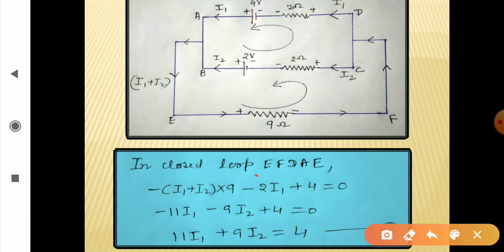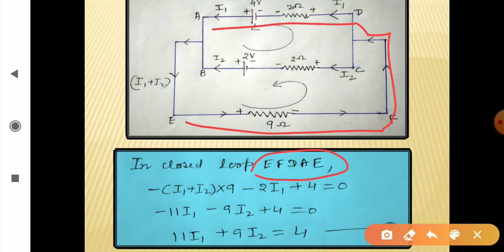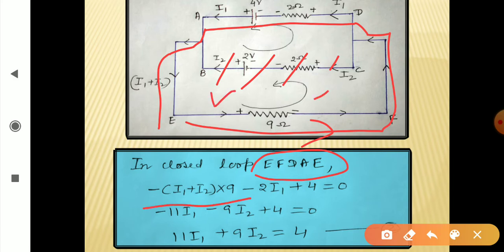Now in closed loop EFDAE, we are taking this one, and this part is totally neglected. So while doing so, again potential drop across 9 ohm is minus (I1 plus I2) into 9 because there is fall of potential.